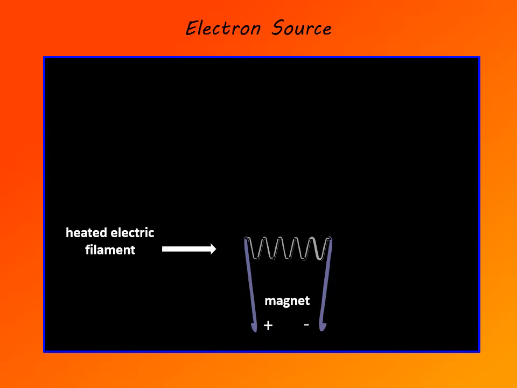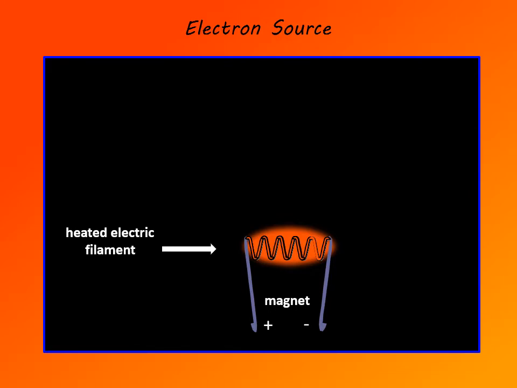The electron source in a mass spectrometer is a heated electric filament. This is an electric filament similar to ones we had in old incandescent light bulbs. When current is passed through such an electric filament, due to resistance to passing electricity, the filament heats up and electrons leave the surface of the metal.